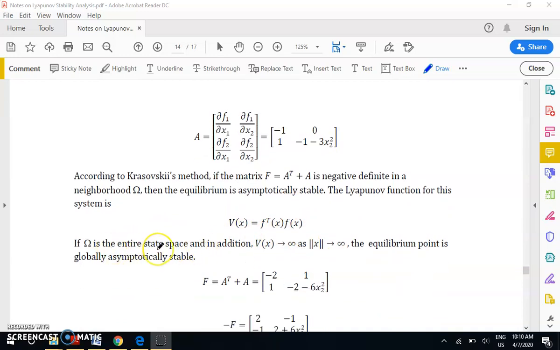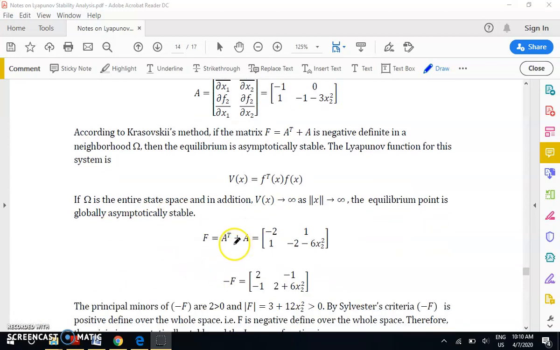However, if Omega is the entire space and in addition as norm x tends to infinity, V(x) tends to infinity, then the equilibrium point is also globally asymptotically stable. So let us check this condition.